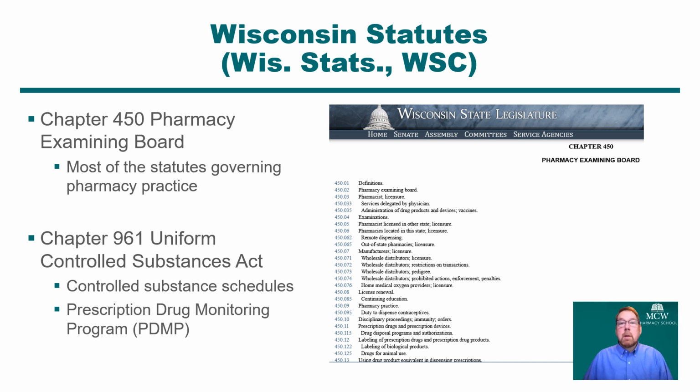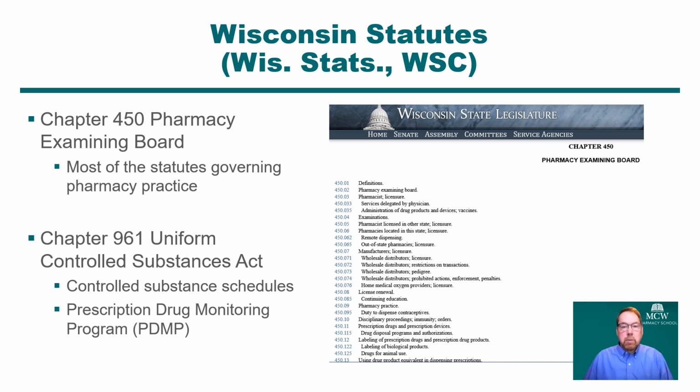So, which Wisconsin statutes are we most concerned with for pharmacy? There are two. One is Chapter 450 of the Pharmacy Examining Board, and this contains most of the statutes governing pharmacy practice and is probably the most important statute for us to understand. There's also Chapter 961, which is our State Controlled Substances Act.